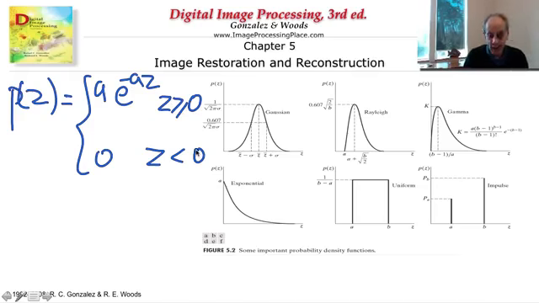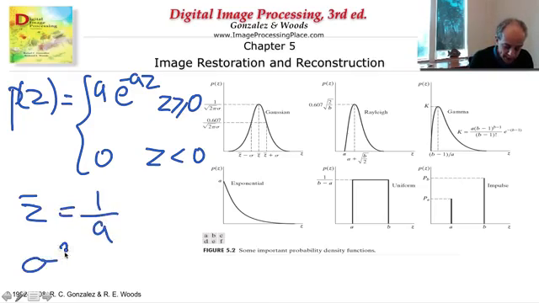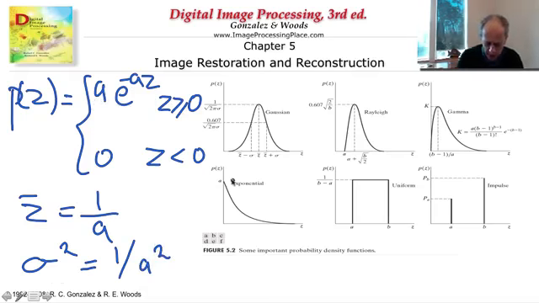So the Rayleigh noise was non-symmetric, but in the exponential there are no negative values of noise, and that's a very important property. Once again, the average, not hard to compute, is 1 over a, and sigma squared is 1 over a squared. You can have different numbers here depending on your scaling; a is just a scaling. So this is the exponential noise.